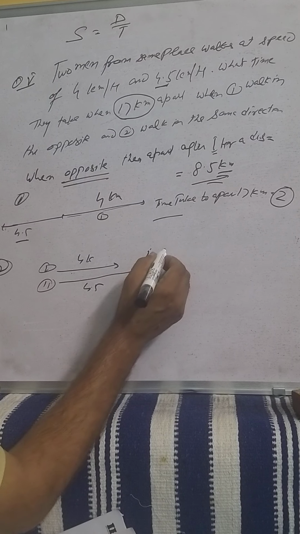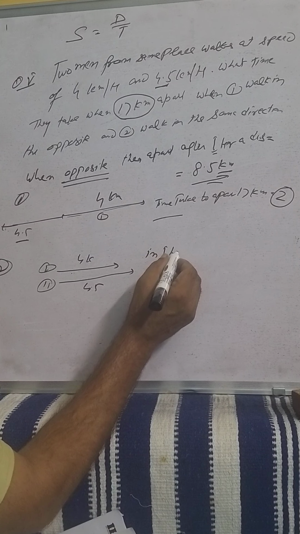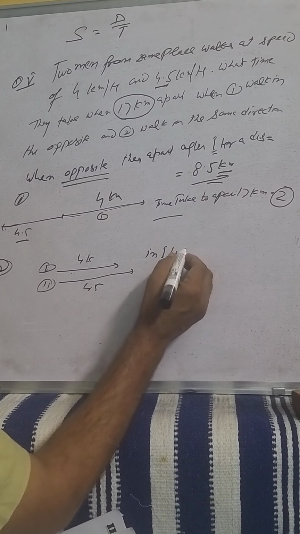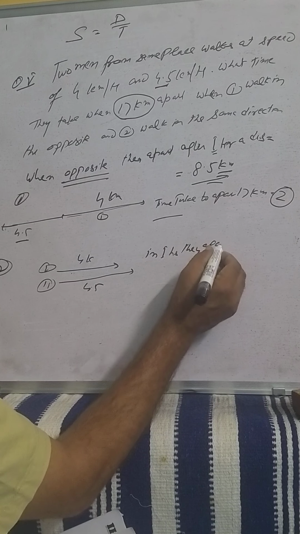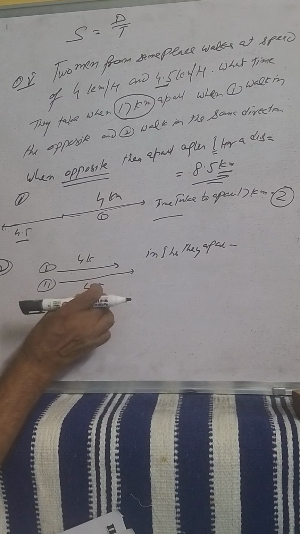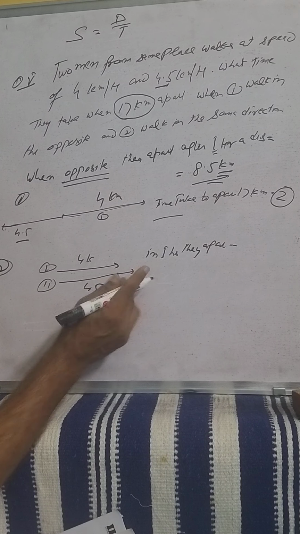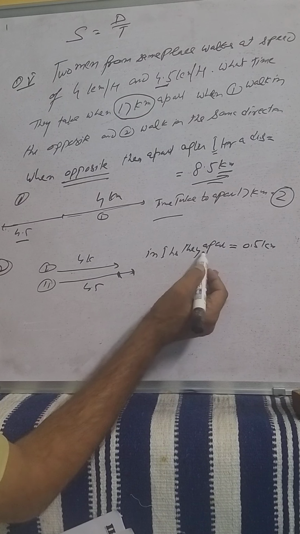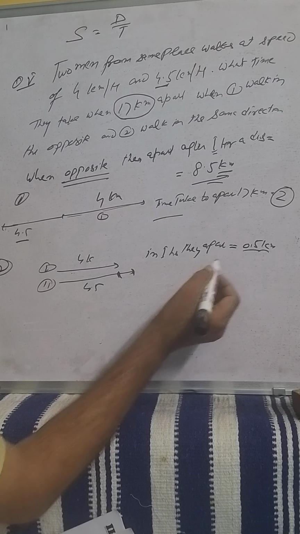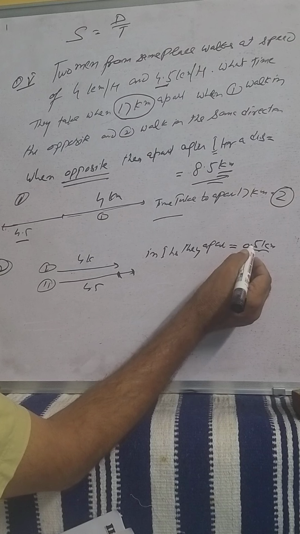In 1 hour they will be apart at a distance of this minus this. It means this distance they will be apart, and it will be equal to this minus this, which is 0.5 kilometer.